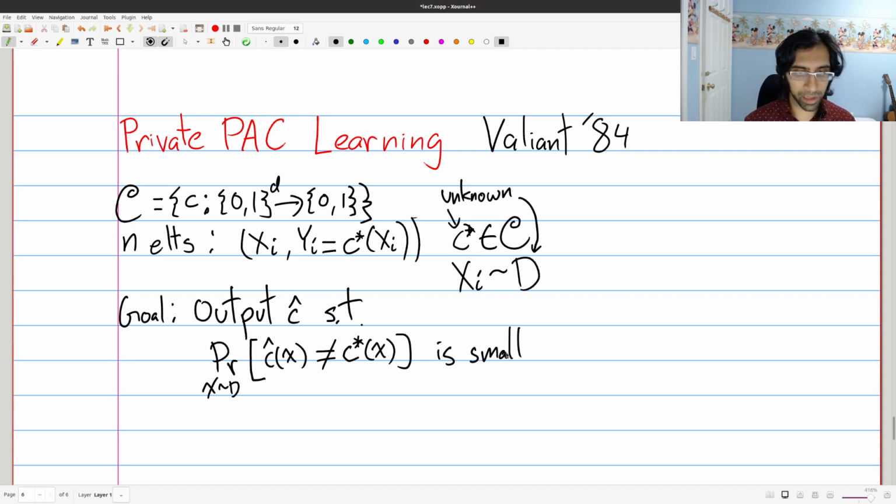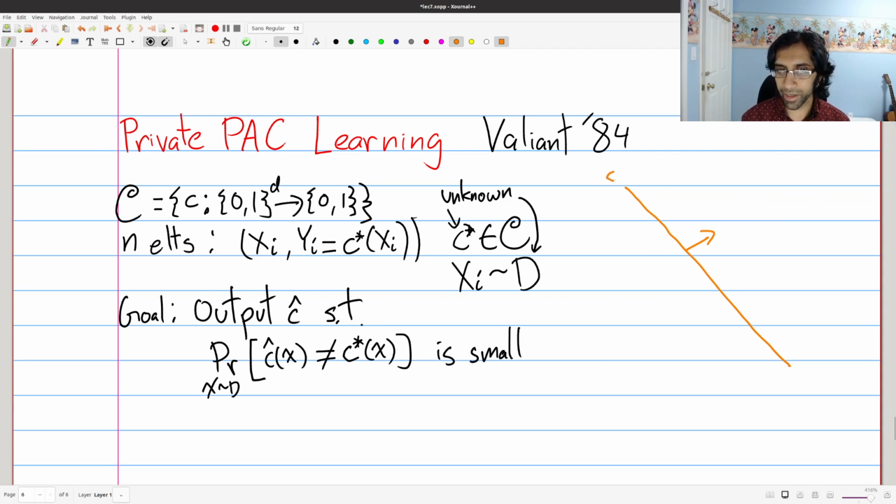This is perhaps a little bit abstract, so let me try to do an example. One of the most canonical examples for this type of thing is learning of half spaces, let's say. Suppose that there's some unknown half space. By a half space, I mean everything on this side of this line is going to be a 1, and anything on this side of the line is going to be a 0.